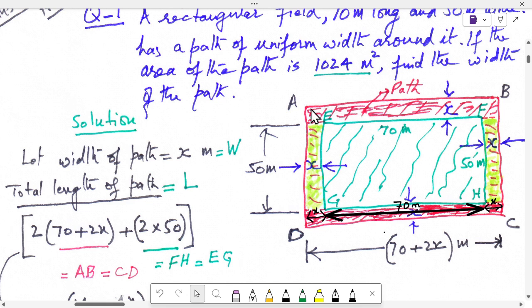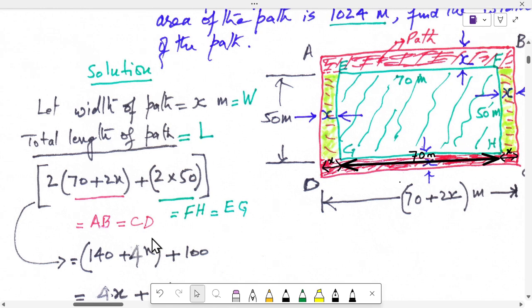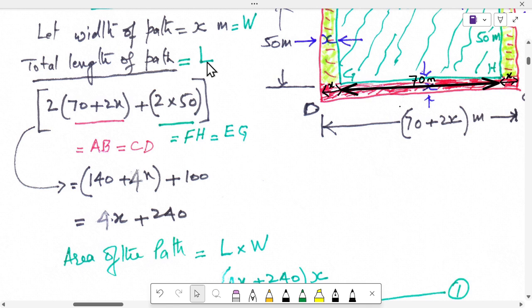In this manner, on the sides of the width of the field, the length of the path remains 50 meters on the side AD and on the side BC. So the total length of the path will be 2 times (70 plus 2x) and 2 times 50, and when we add them up, the total length of the path, which has been depicted as capital L, will be equal to 4x plus 240 meters.